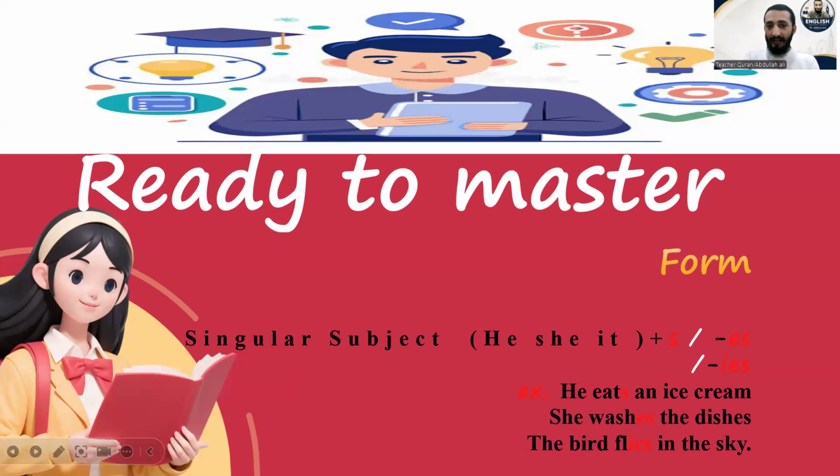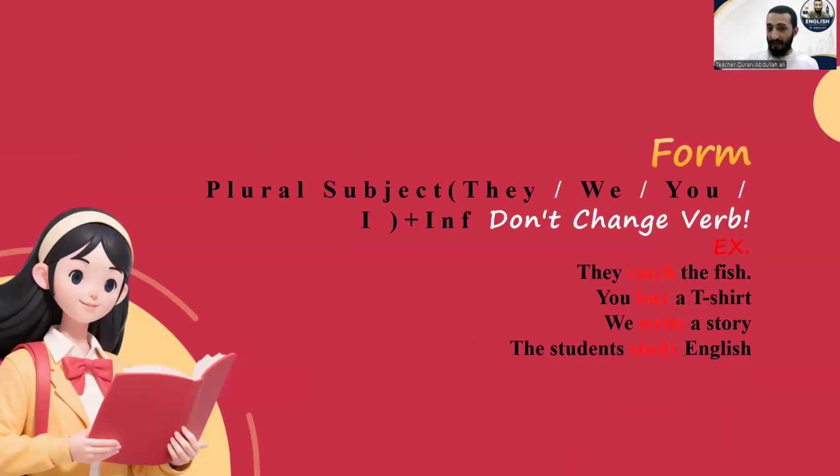On the other hand, if the subject is plural, like they, we, or you, we add just the verb without anything after it. So just the verb in its infinitive form.